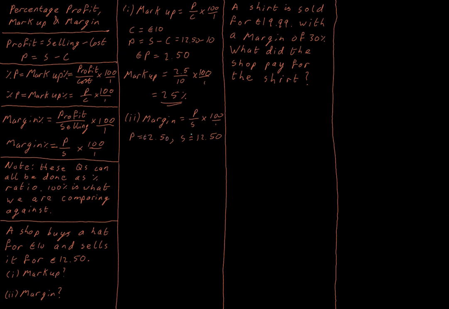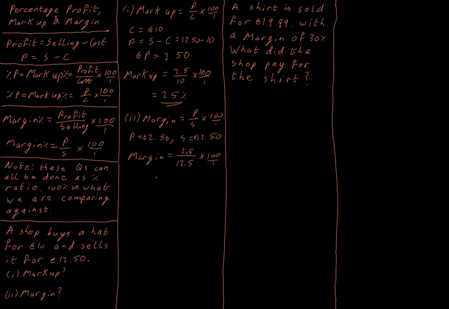I can put in that I'm dealing in euros. So I have all my information, so I sub in. My margin is going to be 250 or 2.5 divided by 12.5 multiplied by 100 over 1. And again, this formula directly gives us a percentage.